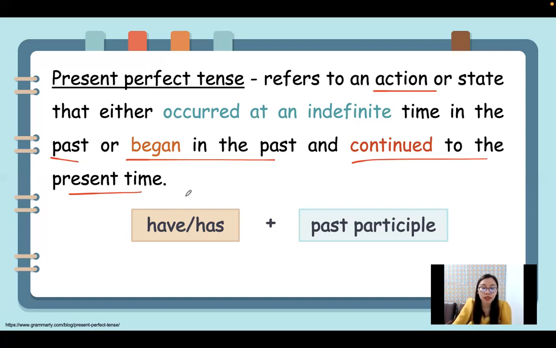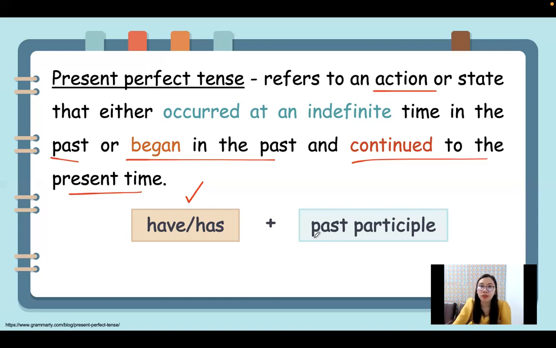Now we have these keywords, have and has. I believe you already know have is for plural nouns and has is for singular nouns. Singular: he, she, it. Have: we, they, I, you. Then the past participle.